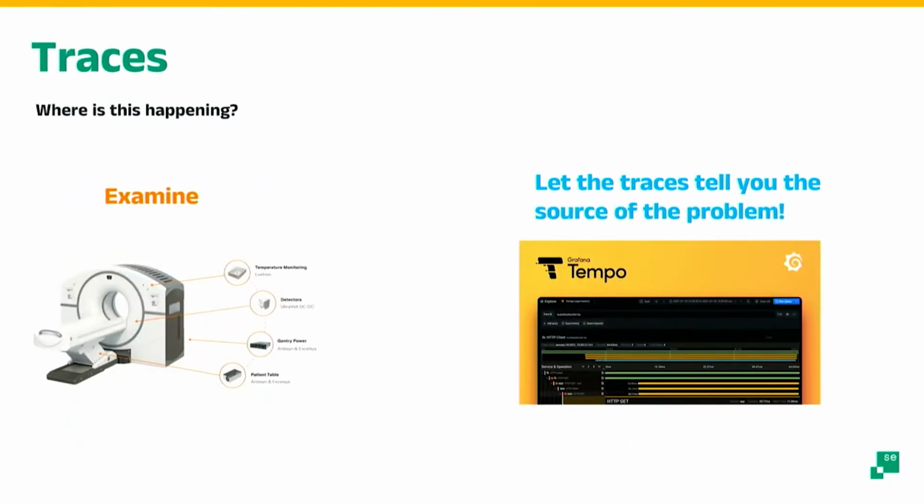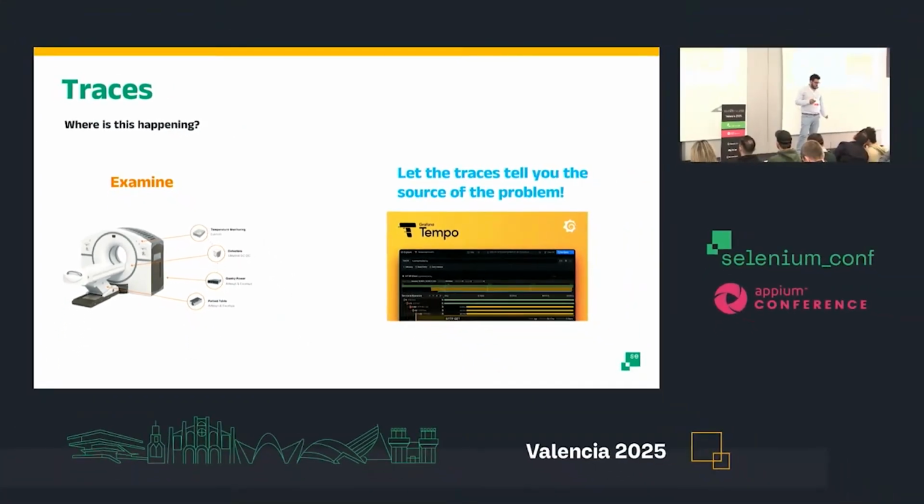And the last part is the traces. We need to trace where the problem is. That's like the doctor examining our body and making sure we have tracers in our blood. Here are the traces. We have another component in Grafana called Grafana Tempo. It's very nice. You can pick up and find the root cause of your problem.